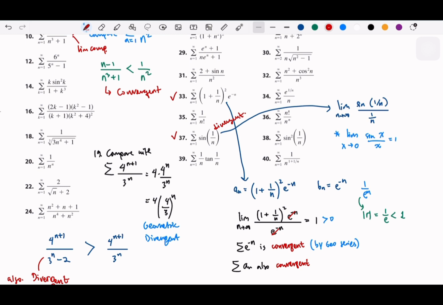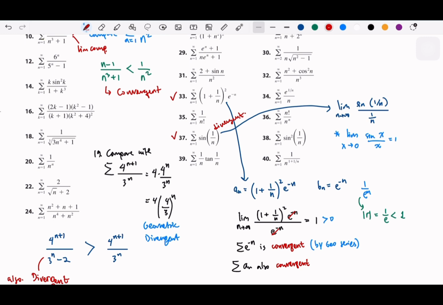This one? Oh yeah, because 1 over n, the harmonic series, is divergent. Agree?